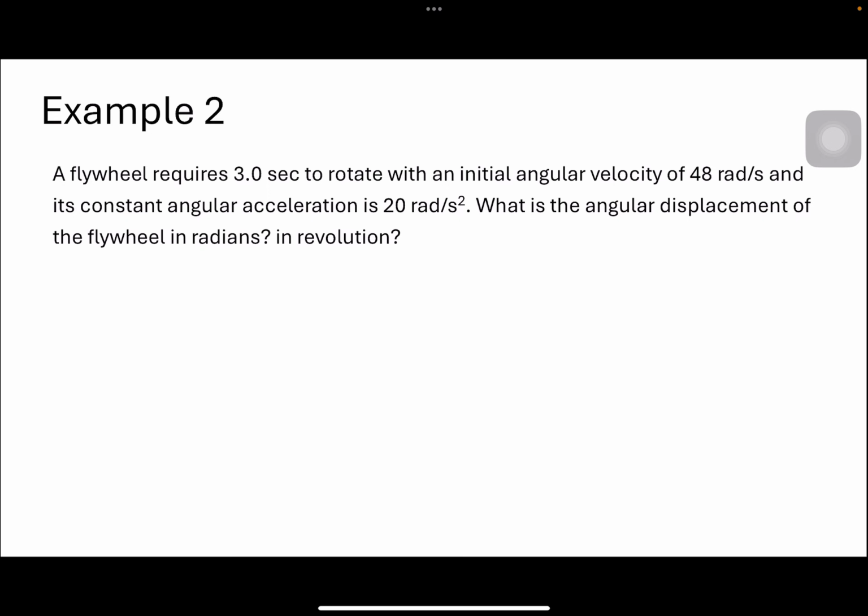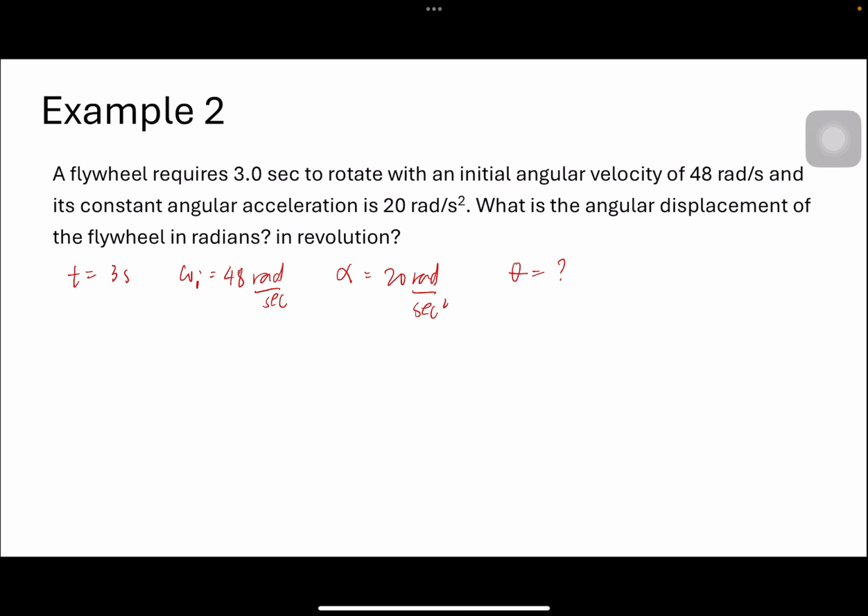So we start off with the given. You're given the time, 3 seconds, your initial angular velocity of 48 radians per second, your angular acceleration of 20 radians per second squared, and you were asked for the angular displacement.